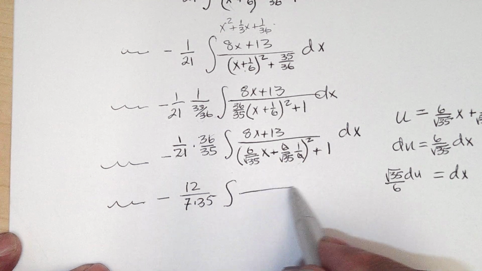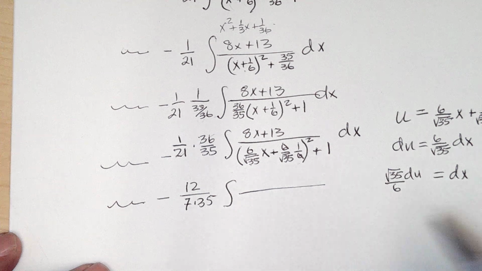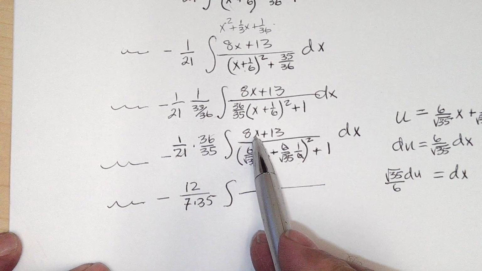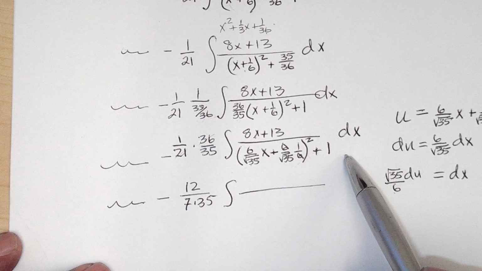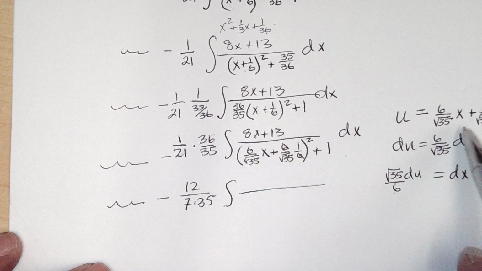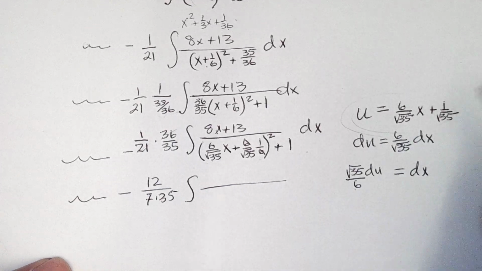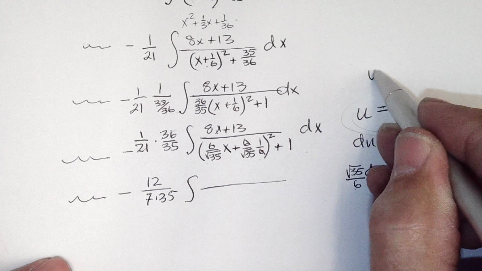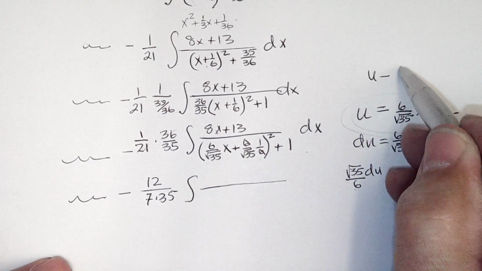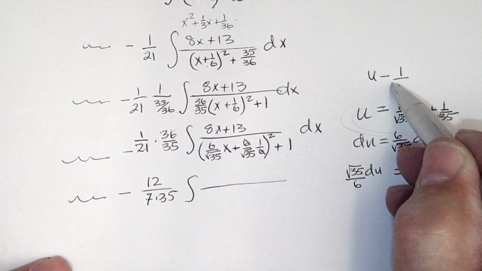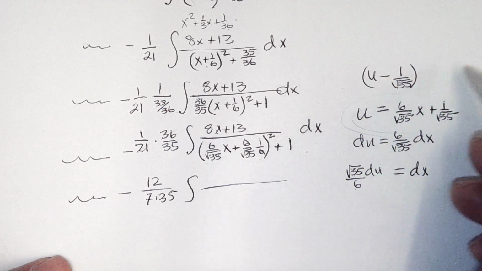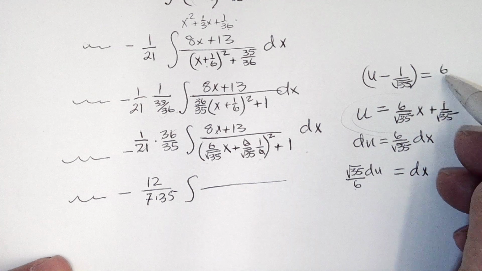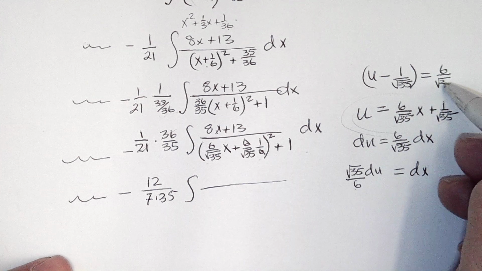Now I got to get rid of the x, and there's not going to be an x to cancel it from the derivative here. So I need to solve for x in this, and you see how this is getting messy. It's going to be u minus 1 over the square root of 35 equals 6 over the square root of 35 x.